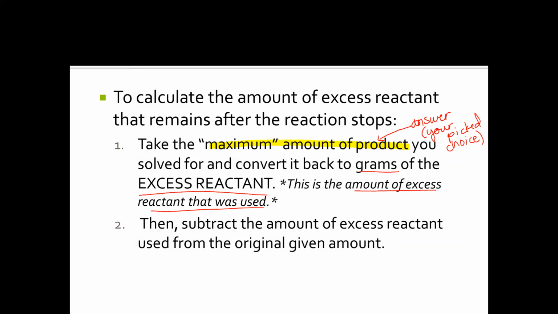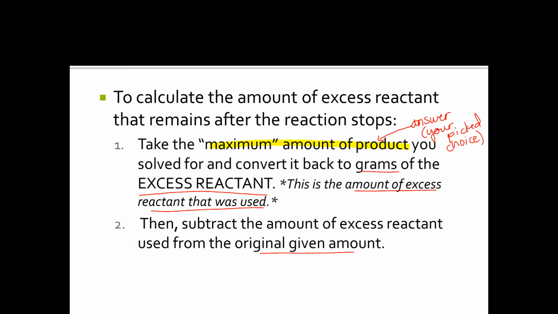Not how much is left over, how much was used. So to find how much is left over, you take the original amount given of the excess reactant, whatever it was in the problem when you started this whole big mess, and then you subtract away the amount that's used, and that subtraction answer would then be how much is left over.